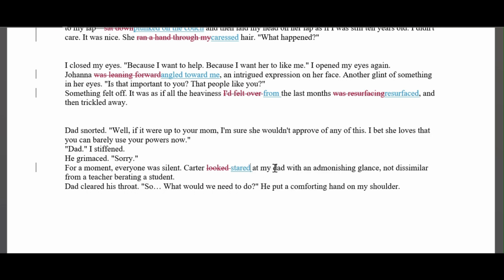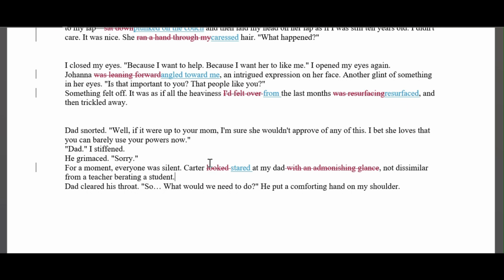Stared at my dad. So with an admonishing glance, we don't really need that description because we have the not dissimilar from a teacher berating a student here. So we already have some imagery here to really help us understand how he's staring at my dad, right?